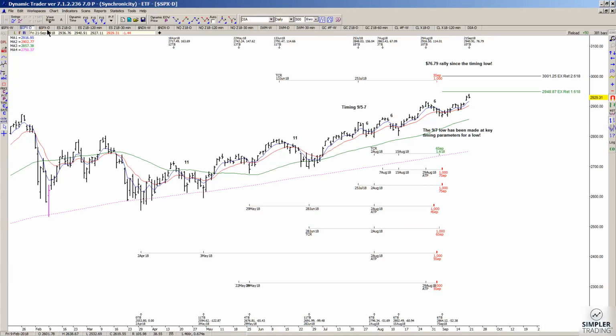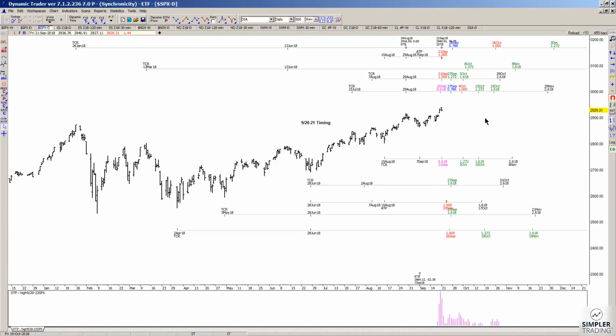Now that doesn't mean that it's going to work the same way this time. However, I've got to show you that I have a timing histogram that tells me that we have time resistance to the current rally. I have the outright cycles. I've got the 21st, 20th, 21st, and 21st. So we're right on top of those.